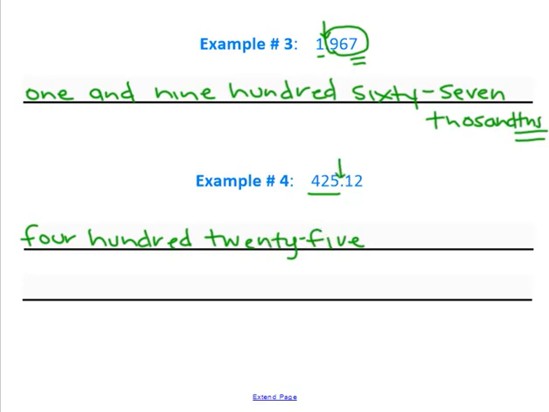Okay, now say the decimal part and then we have the part after the decimal. So that number right there is 12. And what's the place value of the last number? Tenths, hundredths. So we have 425 and 12 hundredths.